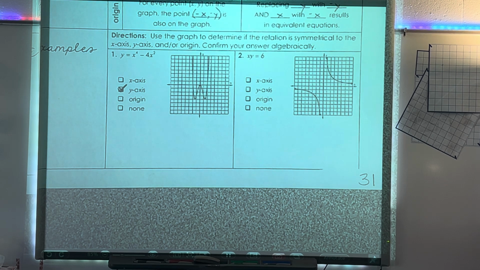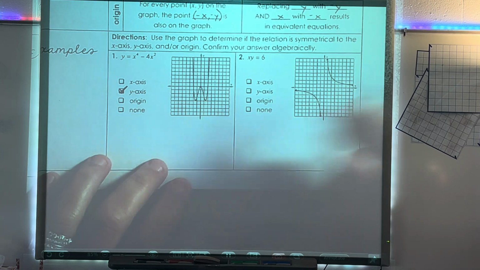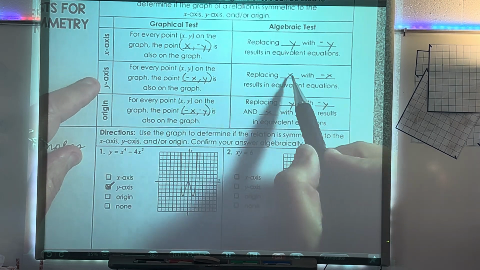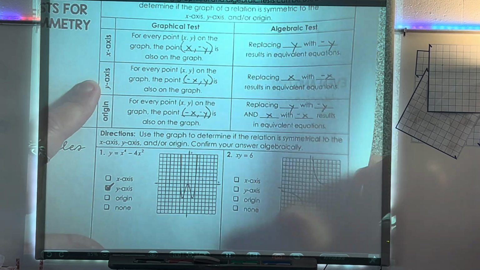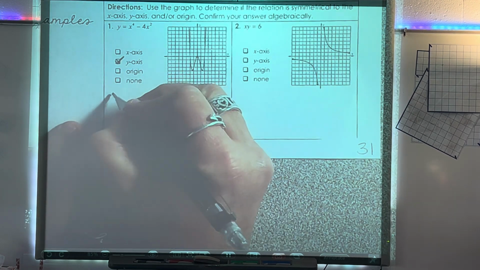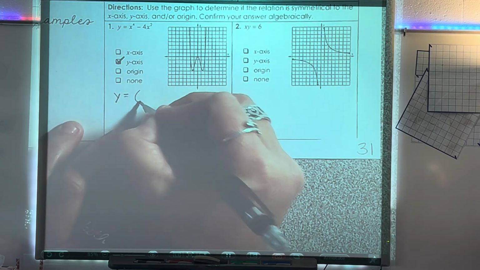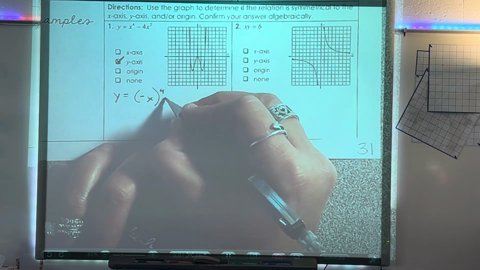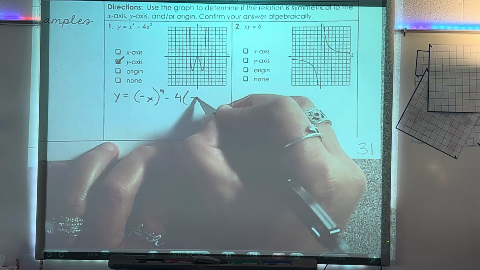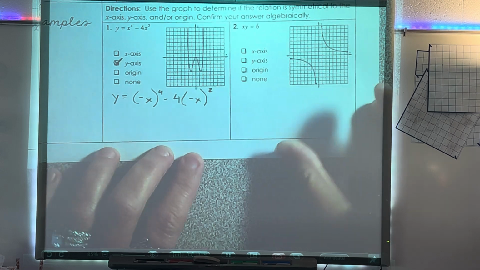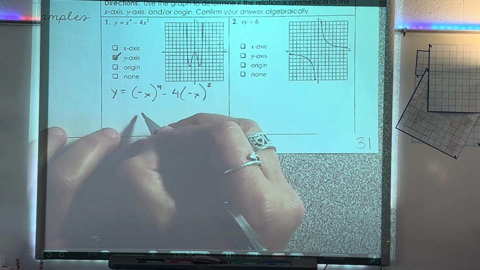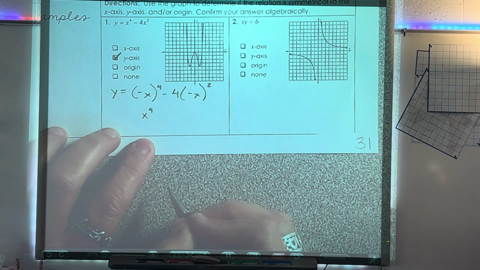Okay, so to prove that mathematically, remember for the y-axis it says that I replace my x with a negative x. So when I plug that in, I have y is equal to negative x to the fourth minus 4 times negative x squared. When I evaluate that out, negative x to the fourth still gives me x to the fourth.